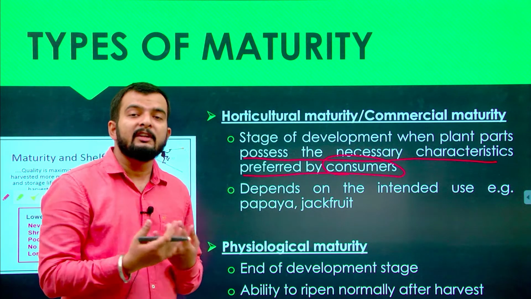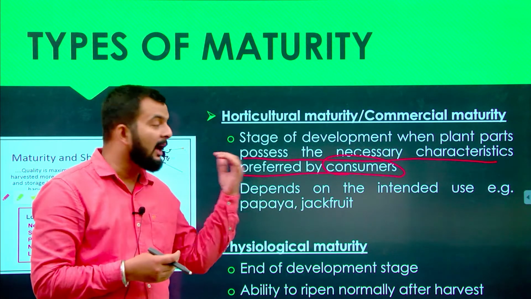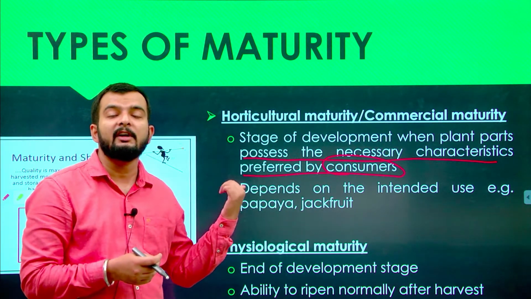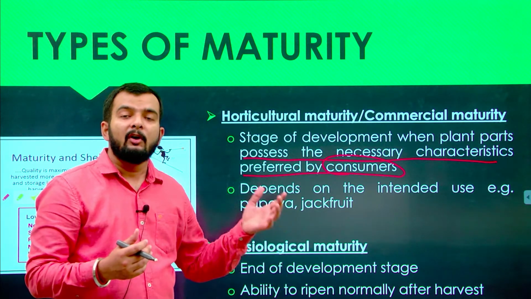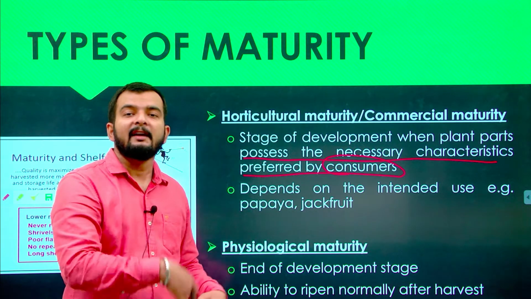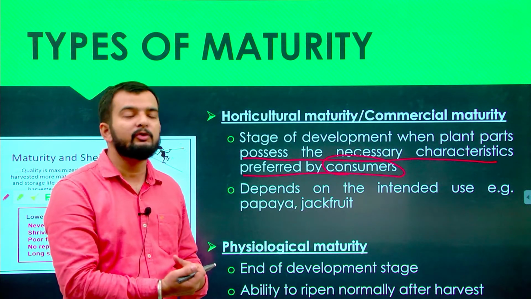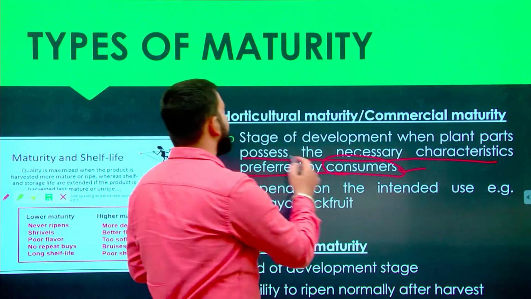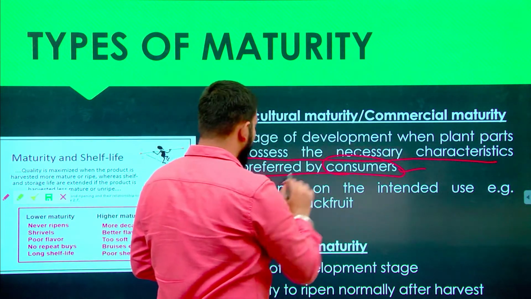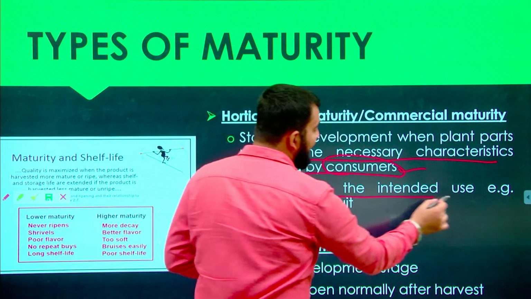So, based on consumers' needs and demands, the harvesting or the maturity is decided, like it is to be harvested at this particular time, or when the fruit is this much mature, at that time harvesting or plucking of the fruit should be done. Now, this totally depends on what the customer requires. Okay, now the stage of development depends on the intended use.